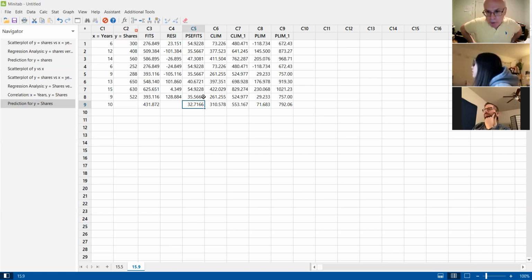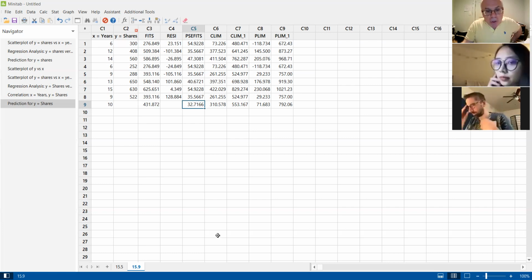That's the square root I'm referring to. If you take that and multiply it by s y dot x, which is the standard error of the estimate, that's what this standard error of fit is. It is the multiplication of those two numbers. It is the standard error for the confidence interval that you create for each one of these x's here. Not for the prediction interval, by the way, it's for the confidence interval.